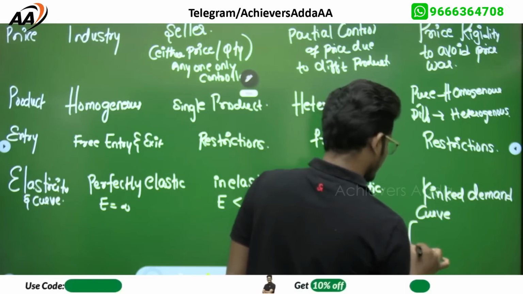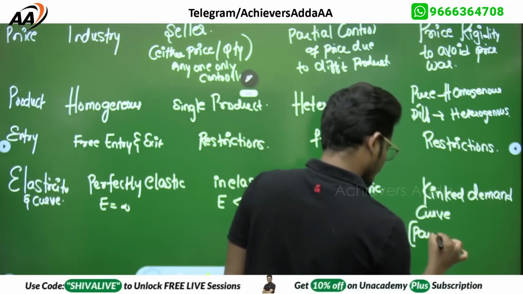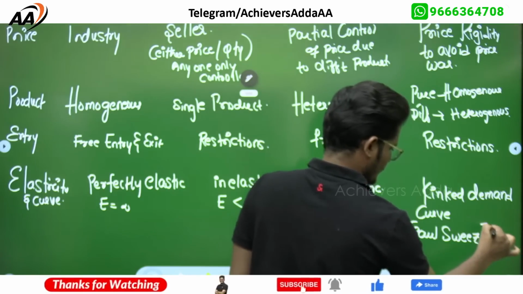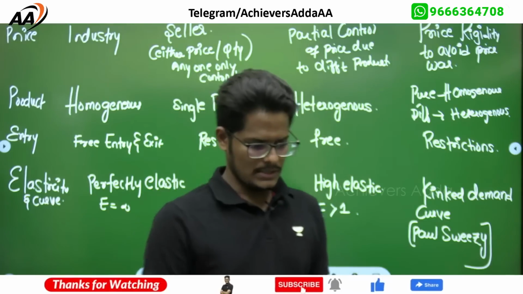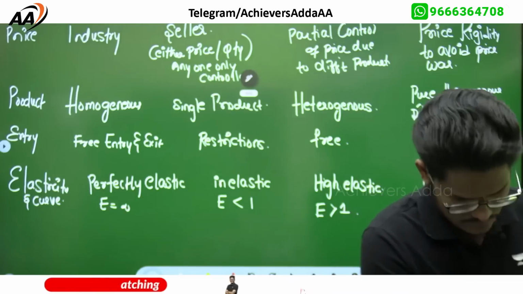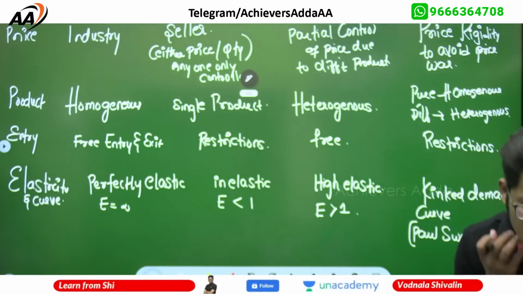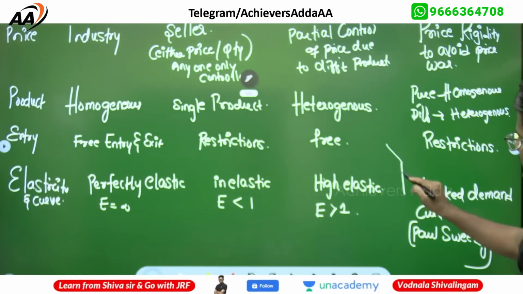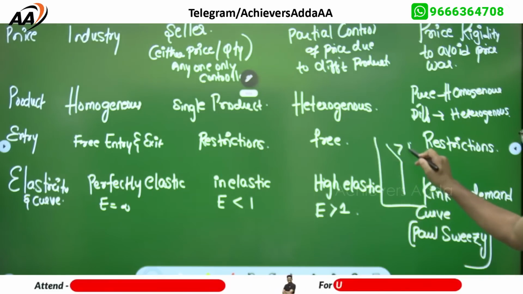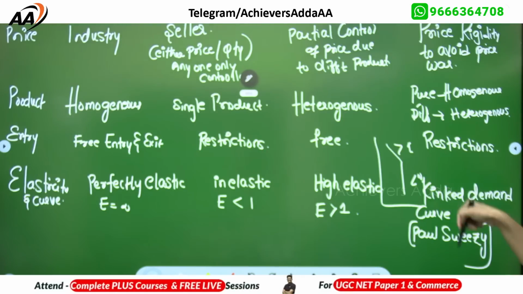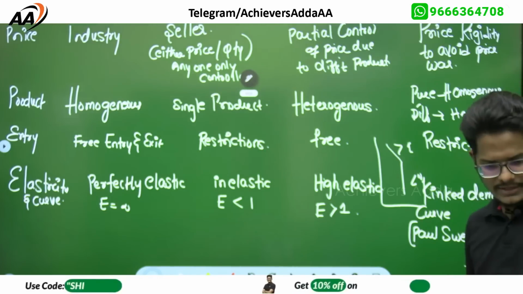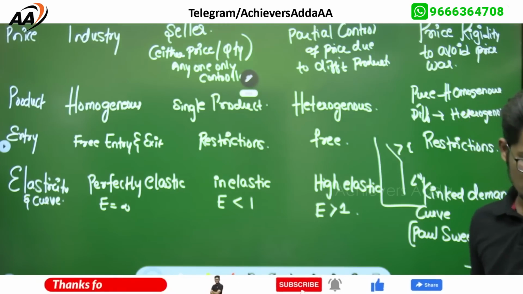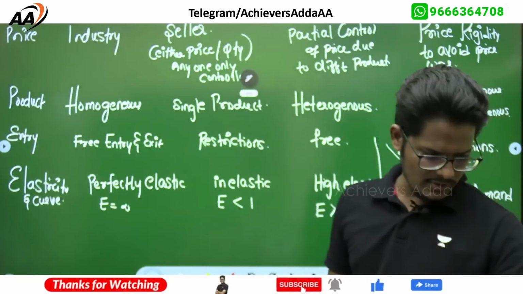The kinked demand curve is given by Paul Sweezy. Up to the kink, the curve is like this, the kinked demand curve. It is more than 1 here and less than 1 there, so it is a mix of both. It is because of that only that it is a kinked demand curve. Kinked demand curve, Paul Sweezy. That's about the total markets.